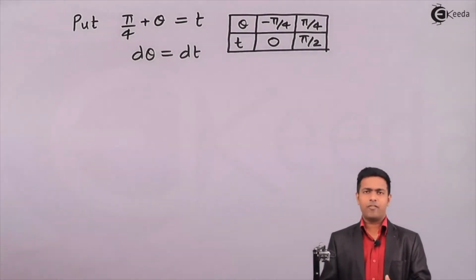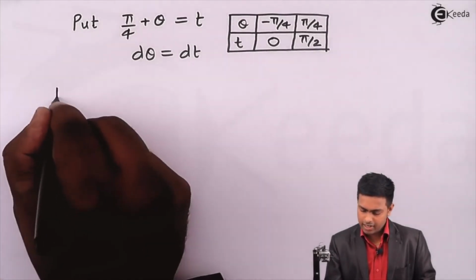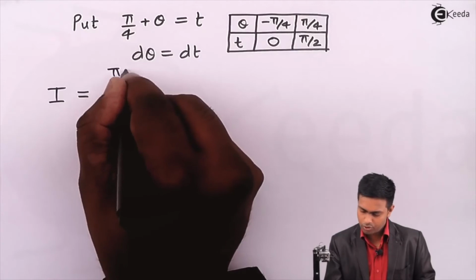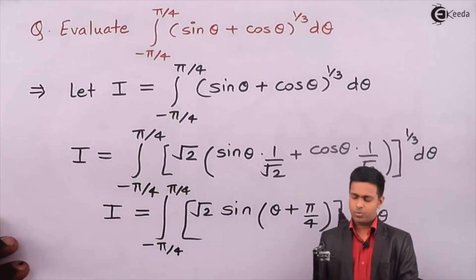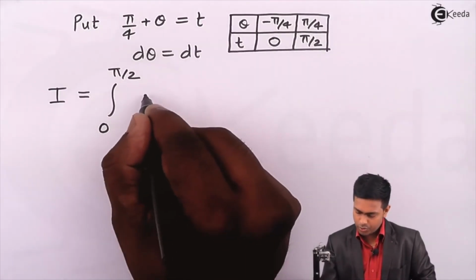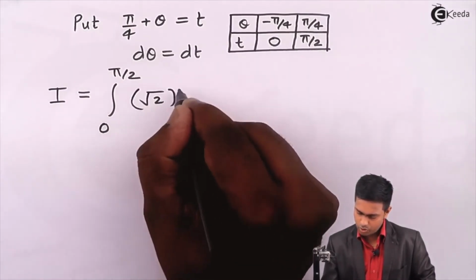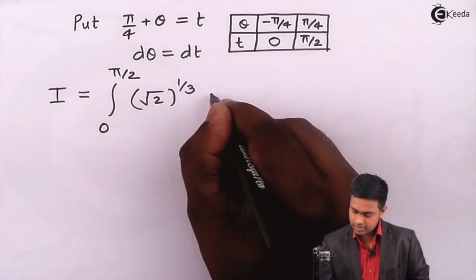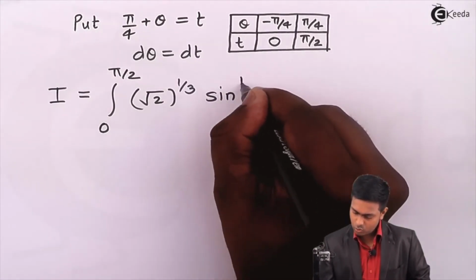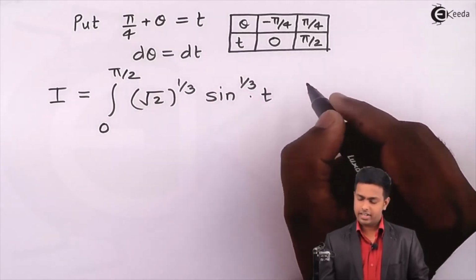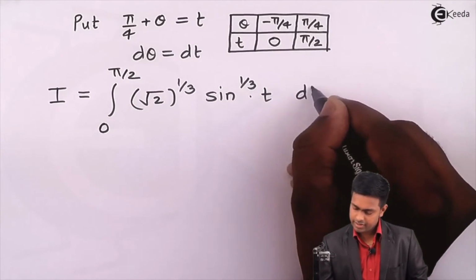Now let's substitute everything. We get I equal to integration from 0 to pi upon 2, with root 2 raised to 1 upon 3, and in the bracket we will get sine raised to 1 upon 3 into t, and d theta is dt.